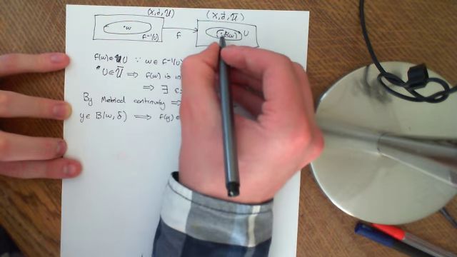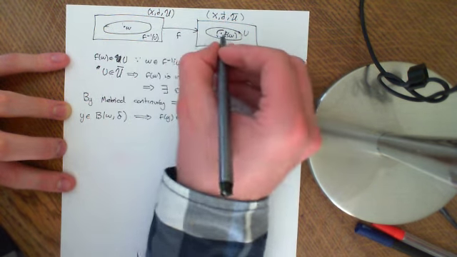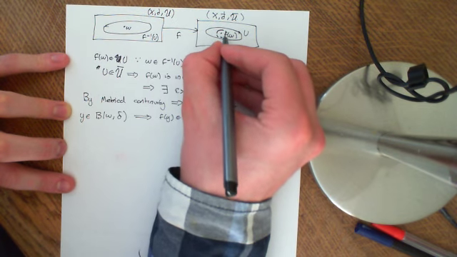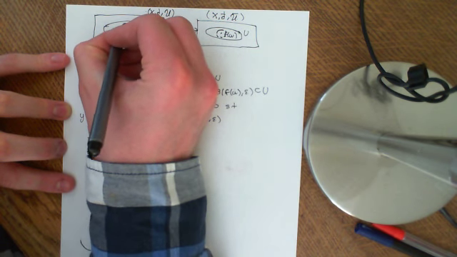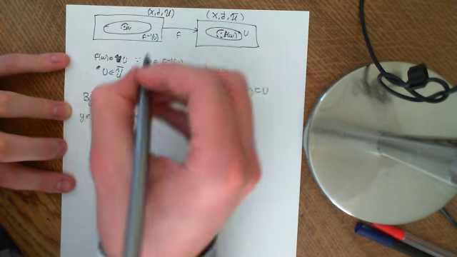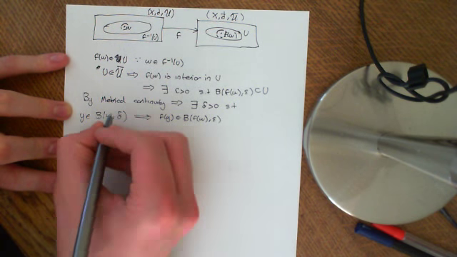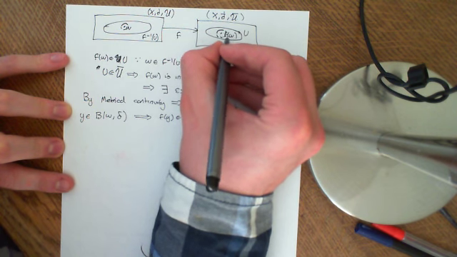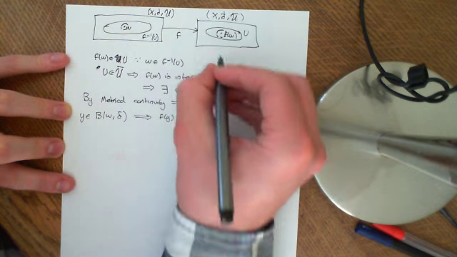So basically I'm saying, okay, the function is continuous at this point W, because it's continuous everywhere on X by assumption. Therefore, I can find you a little open ball centered around W of size delta, such that this is completely mapped into that open ball of radius epsilon around F of W.